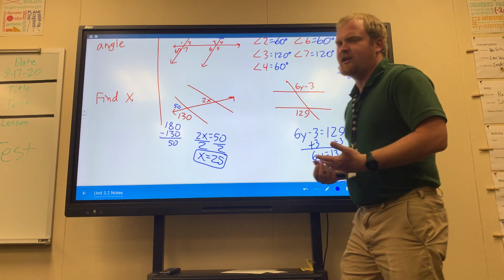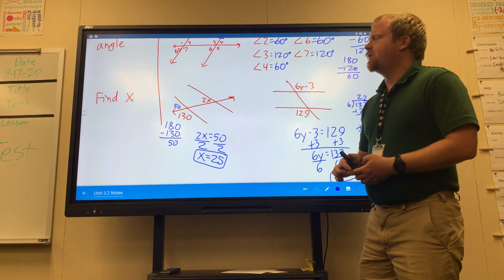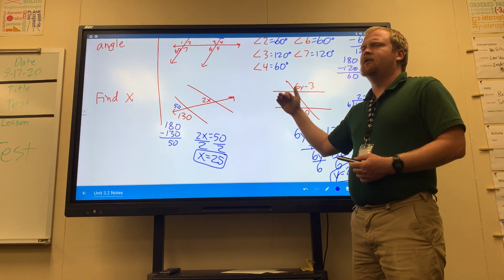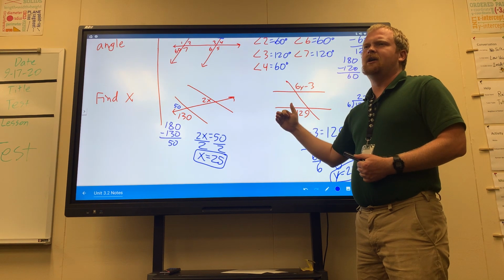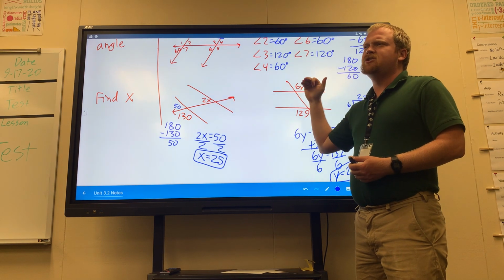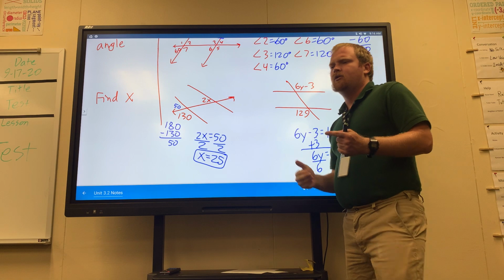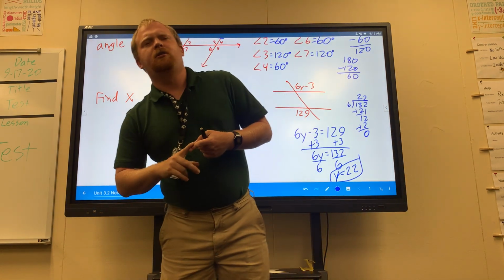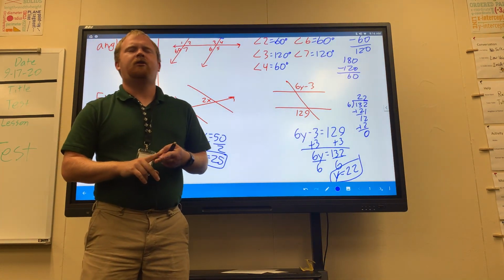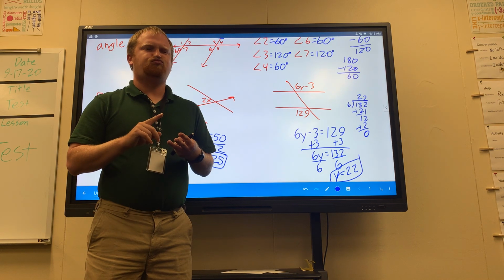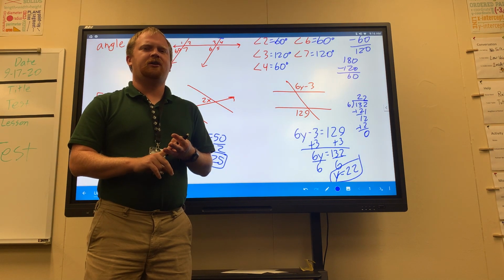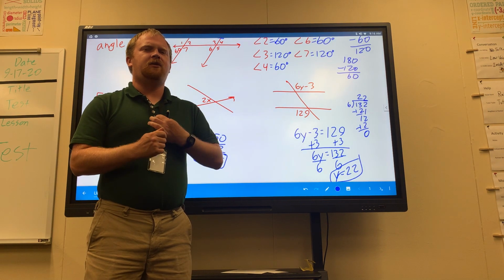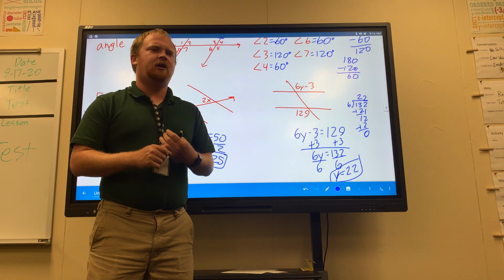So the biggest key in today's lesson is that not only do I have to be aware of transversals through a parallel line, but also the relationship between the pair angles. Alternate interior are the same, alternate exterior are the same, corresponding angles are the same, but consecutive interior angles add up to 180.